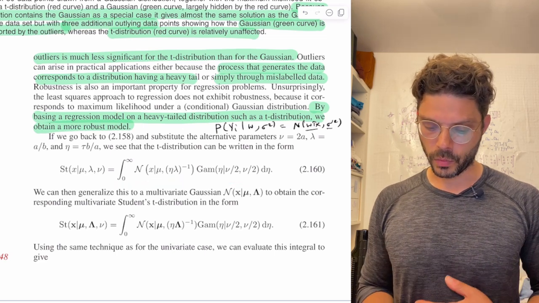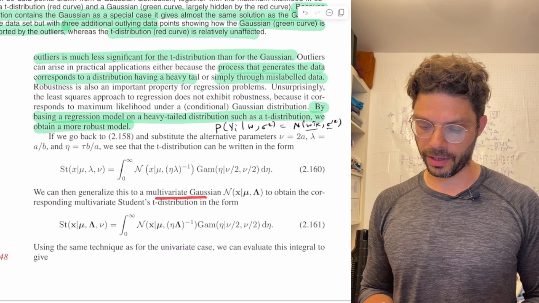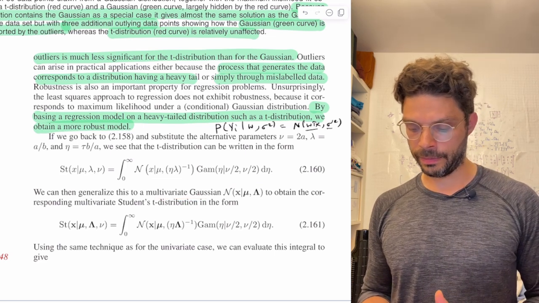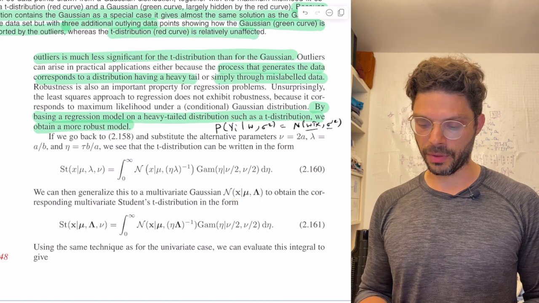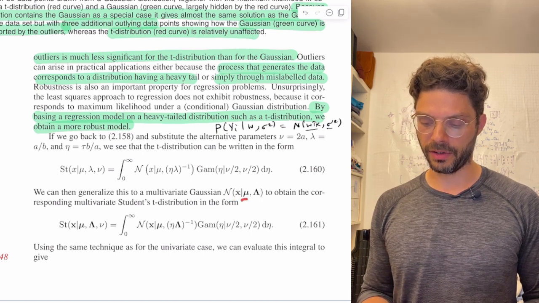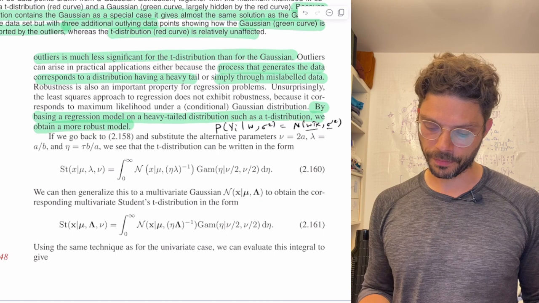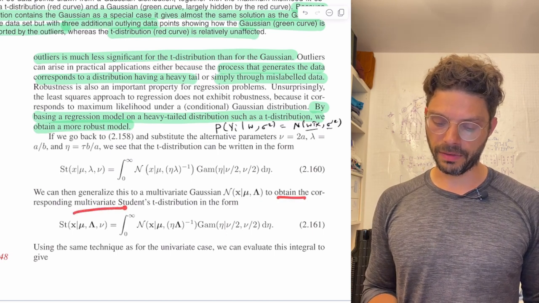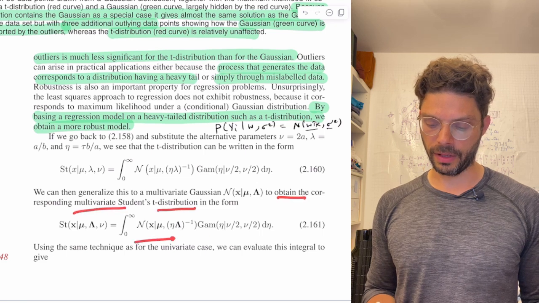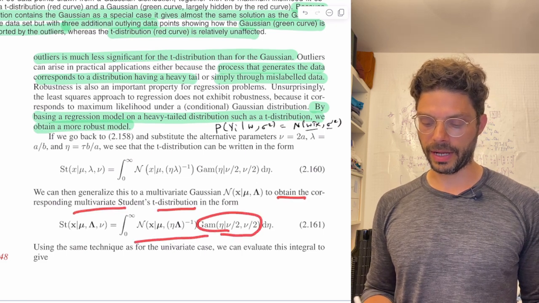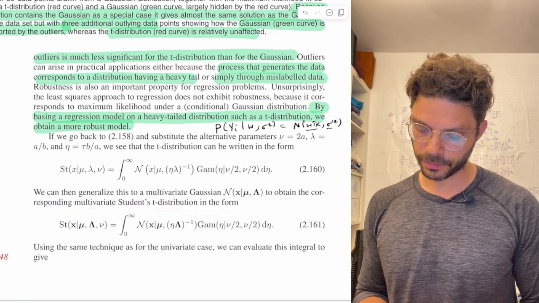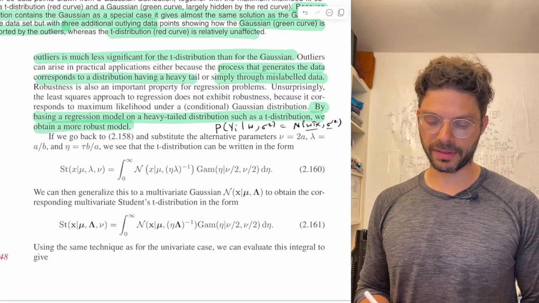Okay, great. We can then generalize this to a multivariate Gaussian. So now we have vectors. This is a vector, and your precision is now a precision matrix. To obtain the corresponding multivariate Student's t distribution in this form, again, you have your gamma prior on the scaling of this precision.